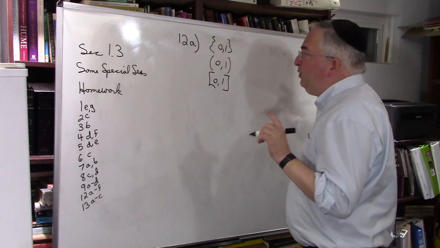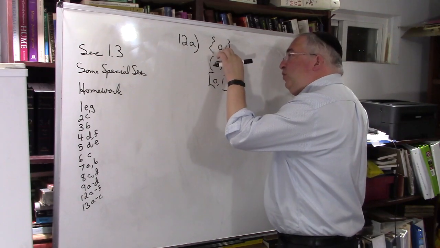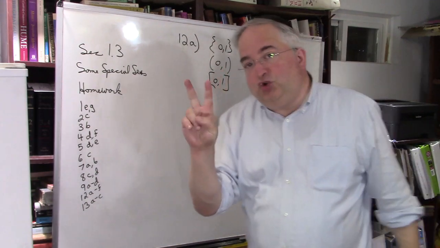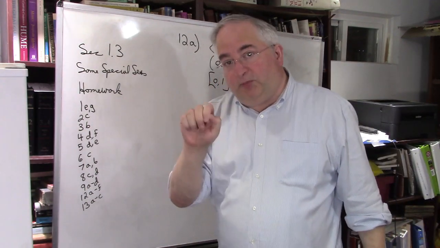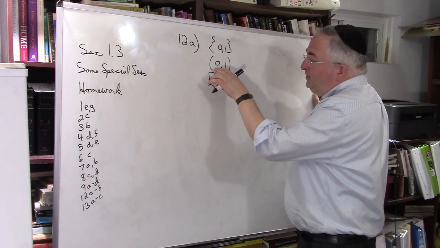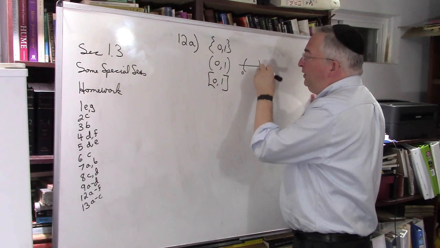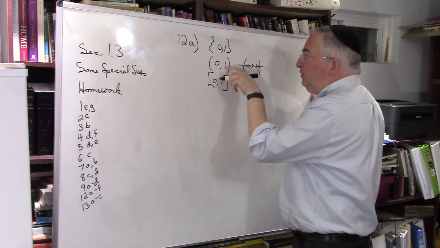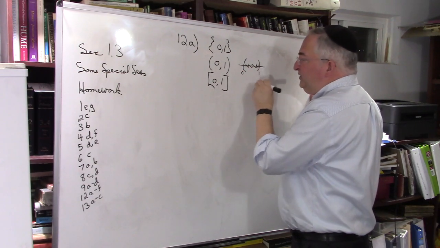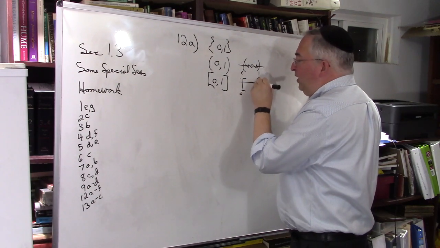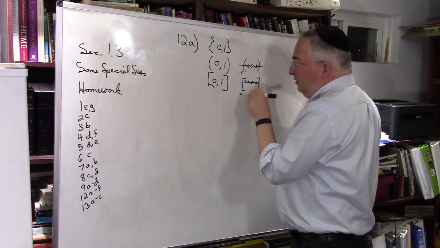Let's go through what each one is. {0, 1} with curly brackets is a set that contains 2 elements: the number 0, the number 1. This is all the real numbers from 0 till 1, not including 0, not including 1. And this is all real numbers from 0 till 1, including 0 and including 1.